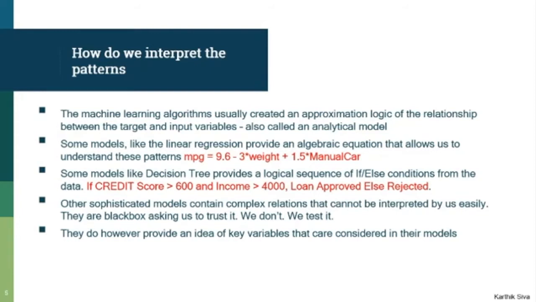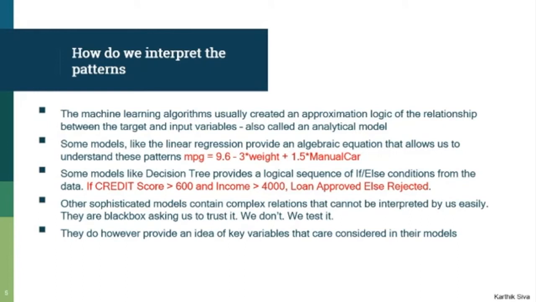That's what it is. There are other types of algorithms where it doesn't give you an equation, rather it gives you an if-else condition, like the decision tree algorithm. It makes sense, we could interpret it. But most of the other models, which are sophisticated models, it's not easy to interpret them. They're kind of black box. It's as if they say, I've built a model for you, you can test it, but I won't tell you what I'm doing.